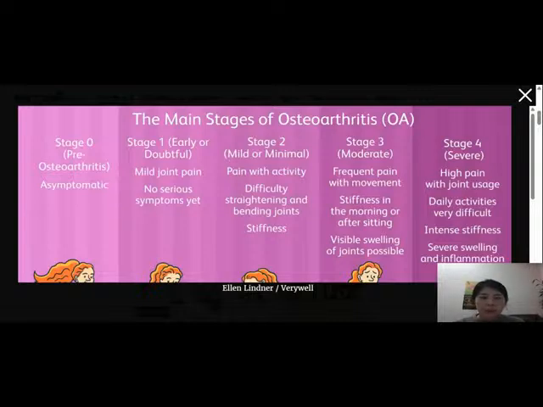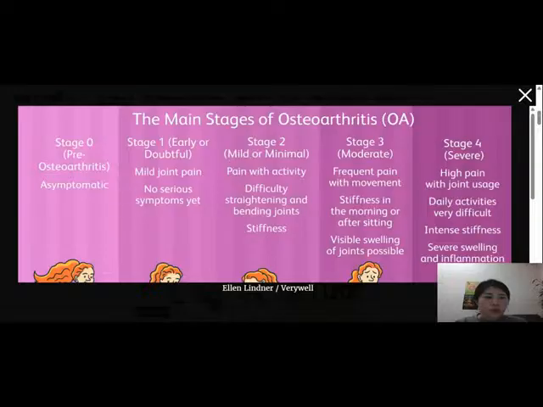Of course, if you can't get acupuncture treatment, you can also study the knowledge and use acupressure points to massage on the spot. It also helps. So I will continue to finish the main stages of osteoarthritis.